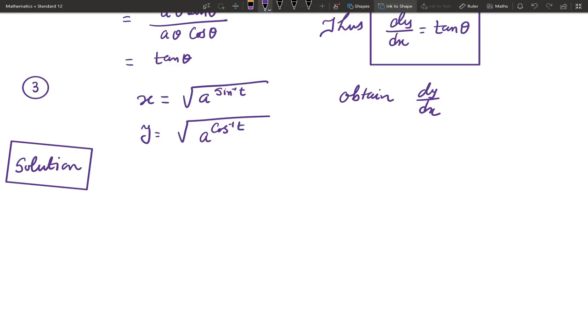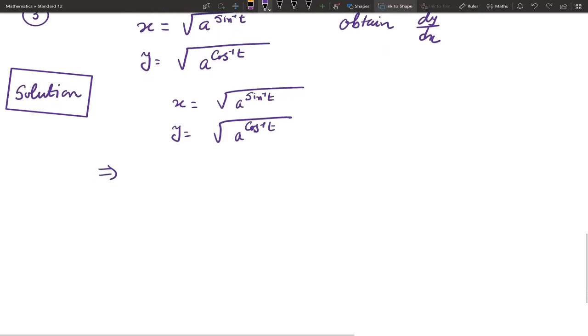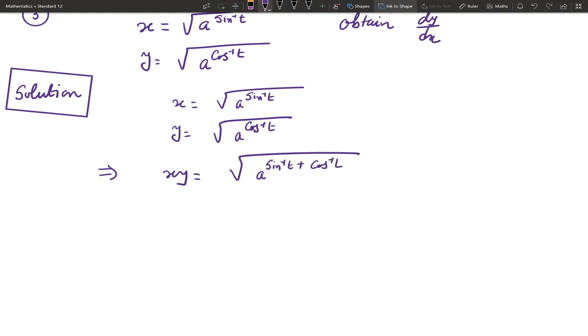Say we have given x equal to under root a raised to sine inverse t, y equal to under root a raised to cos inverse t. So taking multiplication of the corresponding sides, xy equal to under root a raised to sine inverse t plus cos inverse t.